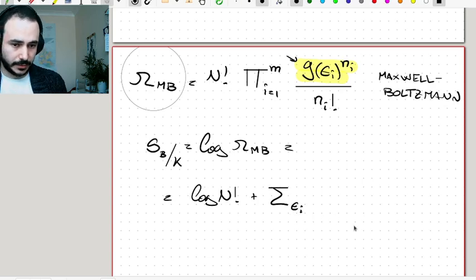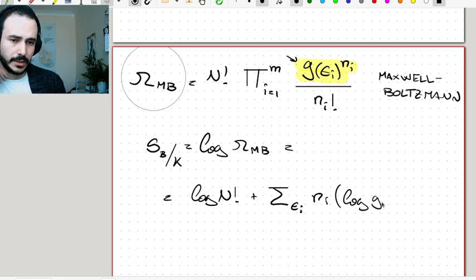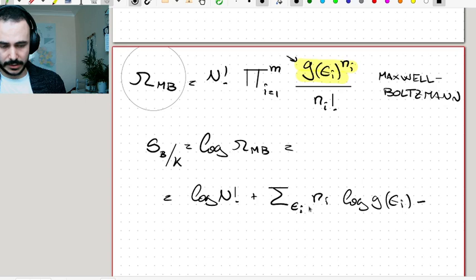And here I have n_i times the logarithm of g_Ei, the degeneracy of each of the states, and then minus the logarithm of n_i factorial.